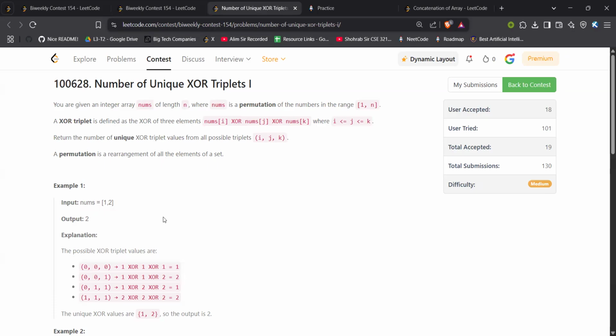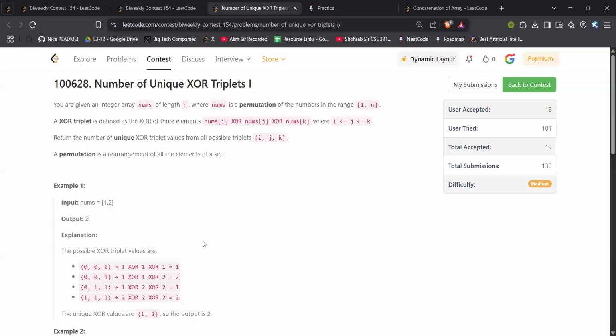An XOR triplet is defined by the XOR of three elements, and I have to return the number of unique XOR triplet values from all possible ones. i and j can be equal, that's also a case.